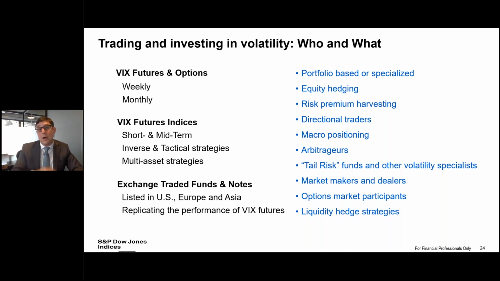There are also more tactical strategies using VIX futures indices, and they're also incorporated quite often into multi-asset strategies. These indices have been used as the basis for providers to build exchange-traded products like notes and funds.